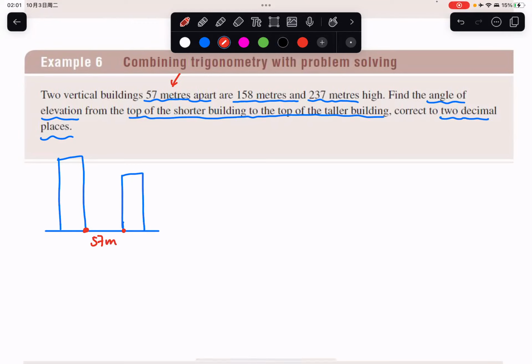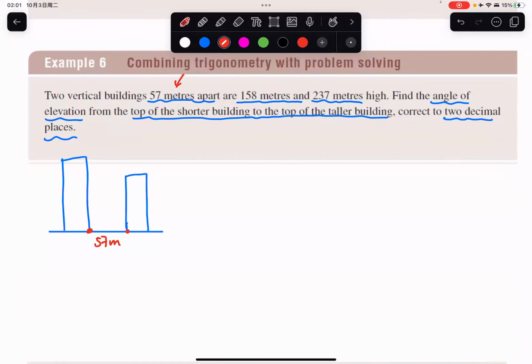And now one is 158 meters and another one is 237 meters. So the shorter one is the 158, and that is the 237 meters.